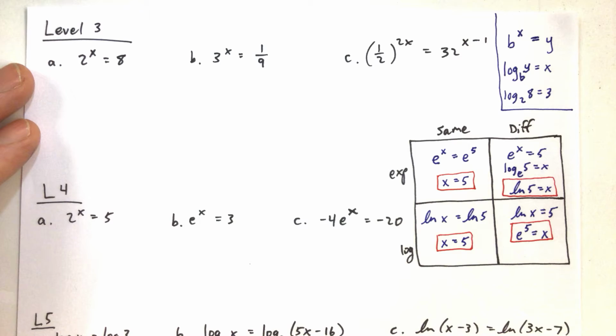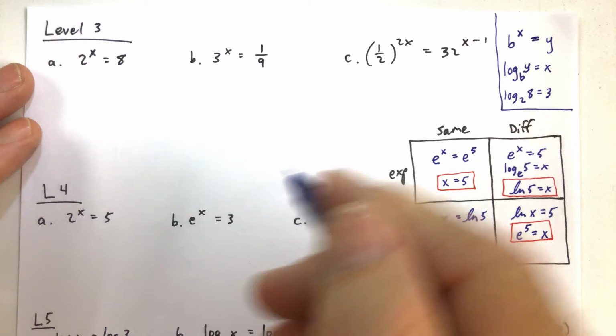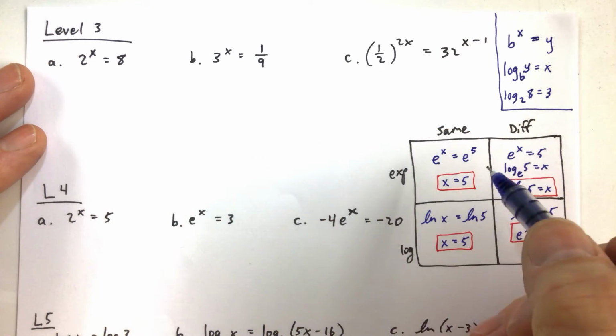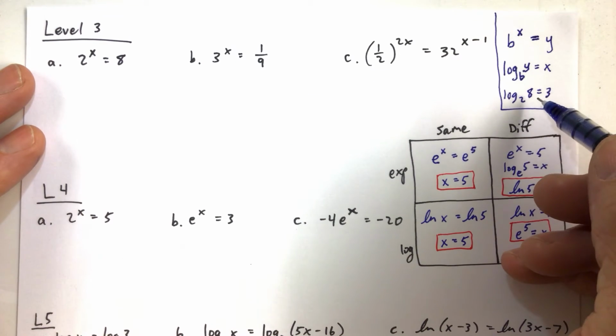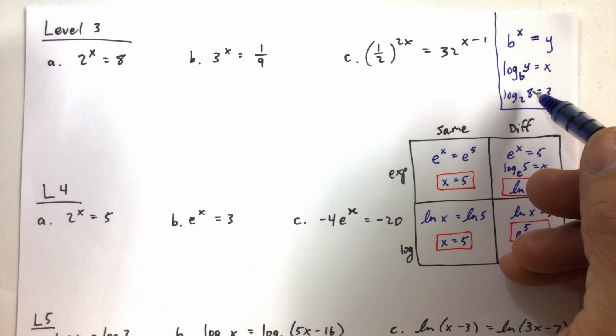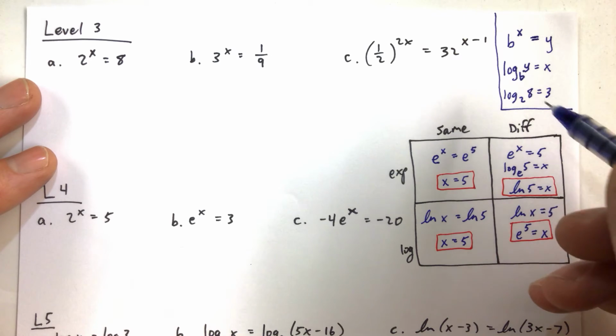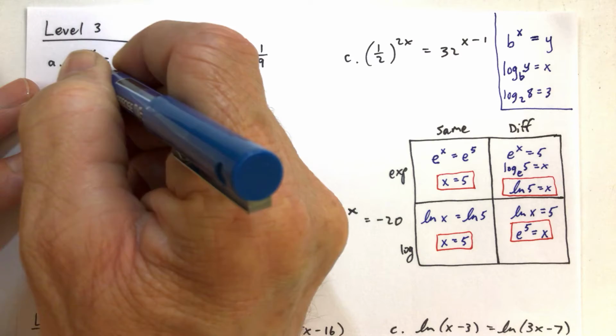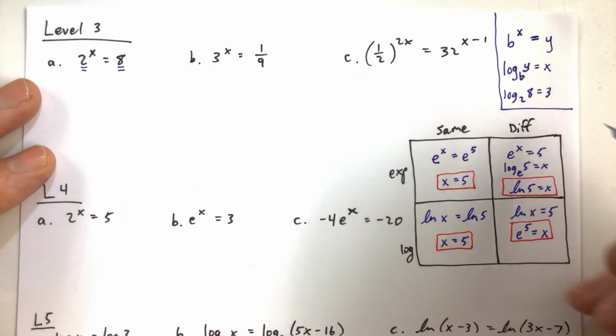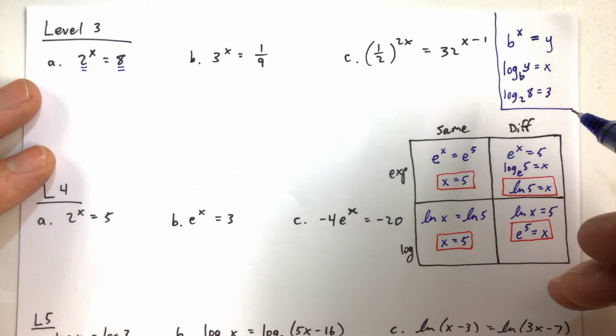I kind of got ahead of myself there. When we solve exponential equations, sometimes we convert to logs, which we can. However, it's easier if, when you look at the exponential equation, both sides can be written as a power of the same number, which in this case they can.